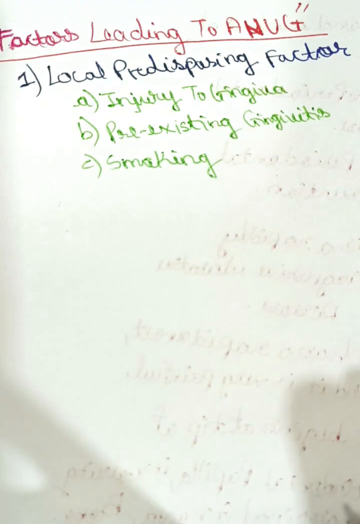They create an environment where this fusospirochetal complex, involving the facultative anaerobes, those gram-negative rod-shaped microorganisms, get a very favorable environment to multiply, which often leads to ANUG. Next is smoking. Smoking is also one of the most important causative factors of ANUG.